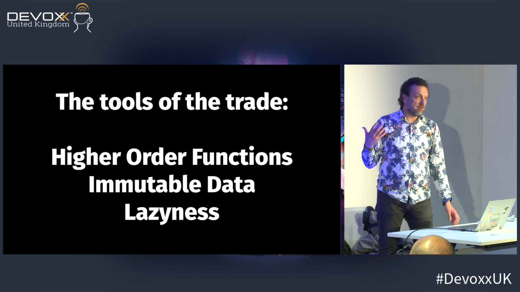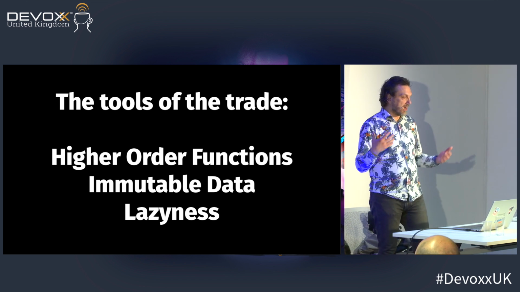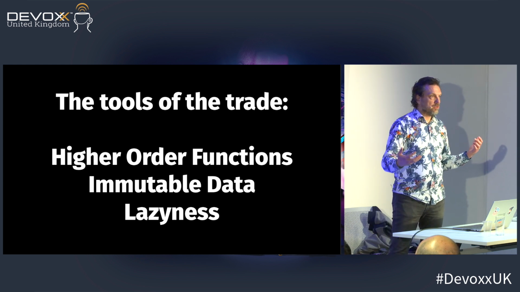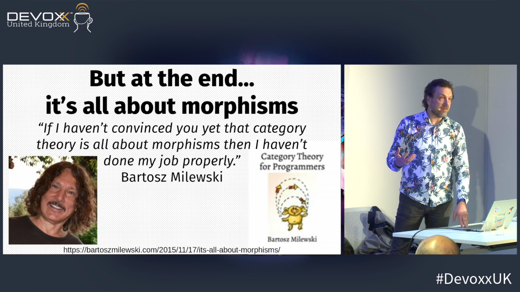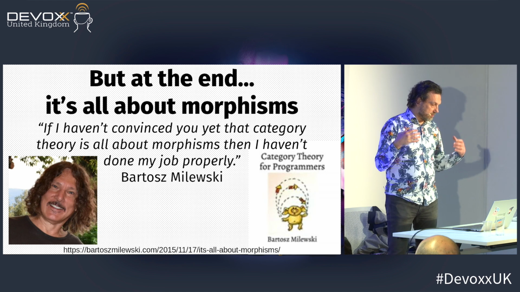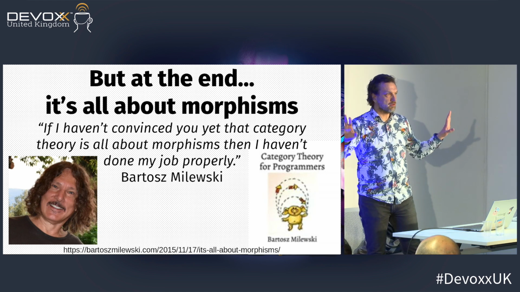And this is our tool of the trade. To do functional programming, we need higher order functions, that we'll discuss later, immutable data, and laziness. But at the end, it's all about morphism. And if you know this guy, this is another book, the last book of the talk.